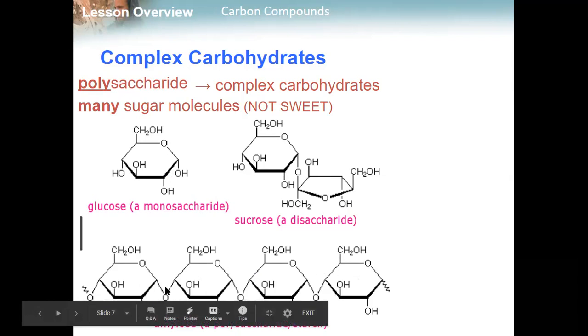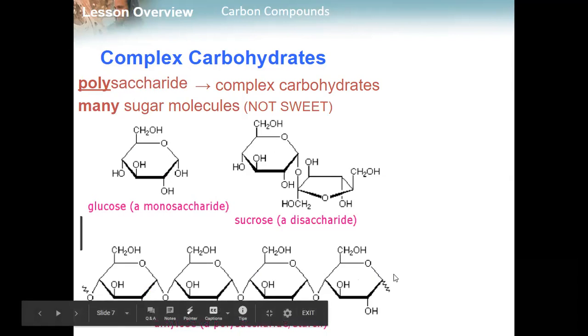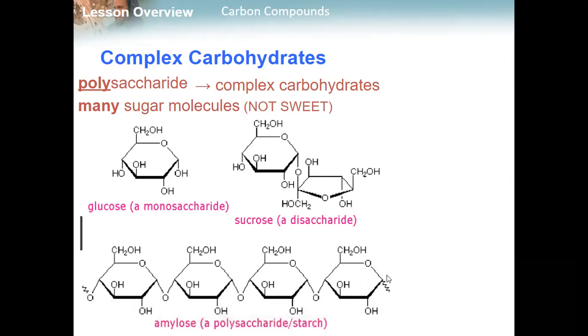Now, which one would our bodies take longer to break down: a monosaccharide, a disaccharide, or a polysaccharide? Well, it would take our bodies longer to break down a polysaccharide because there are more sugar molecules that we need to break down. Because there are more sugar molecules to break down, we can actually get more energy from it.